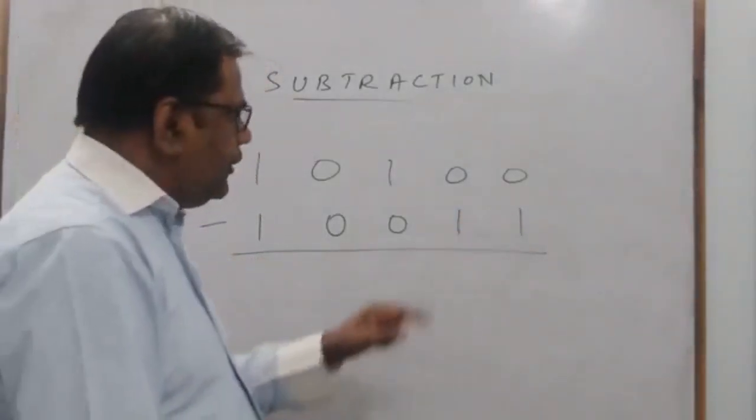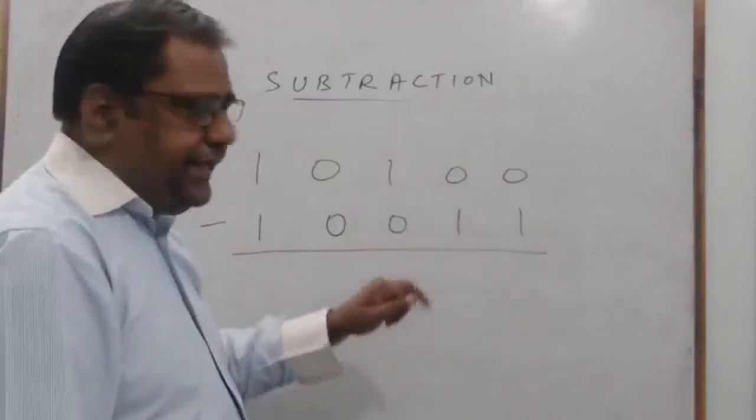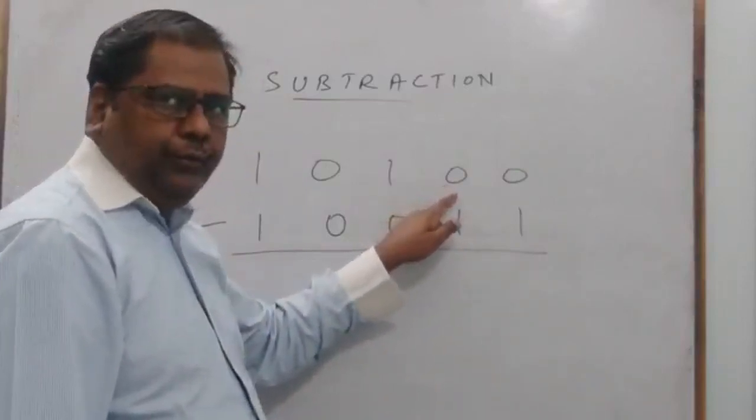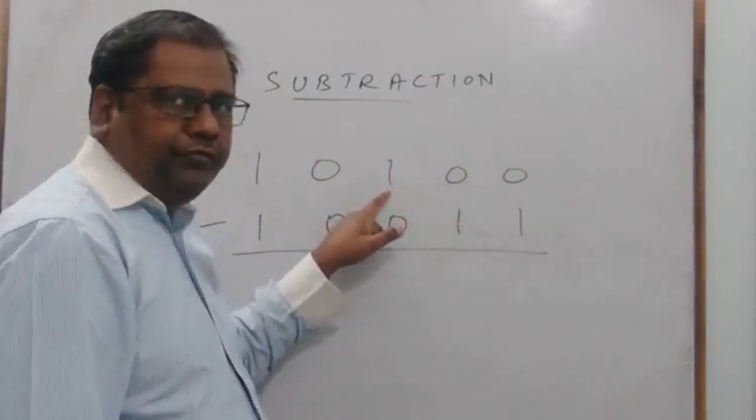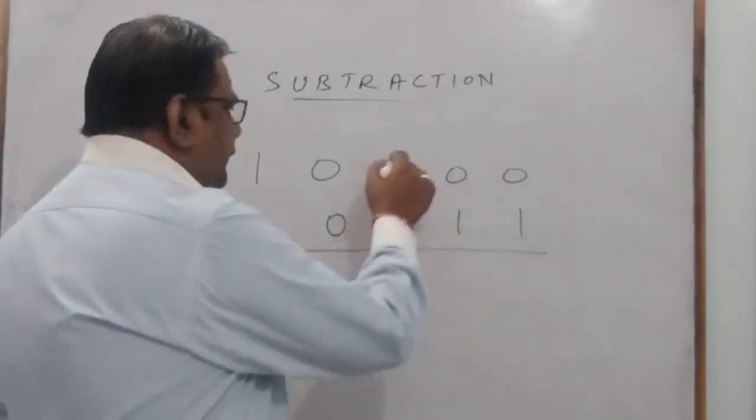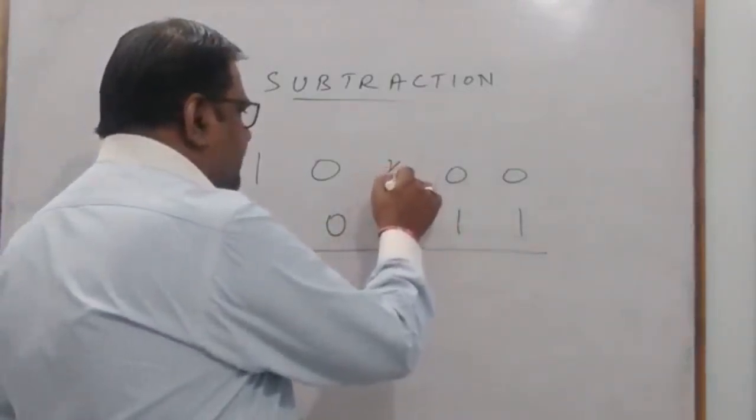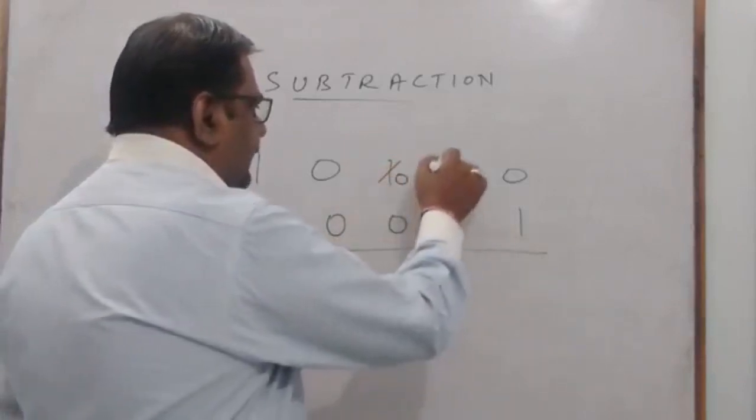No. We have to borrow. Can you borrow 1 from here? No. You will take the borrow from here. So when you are taking the borrow from here, what is left over here? 0, and this becomes 10.